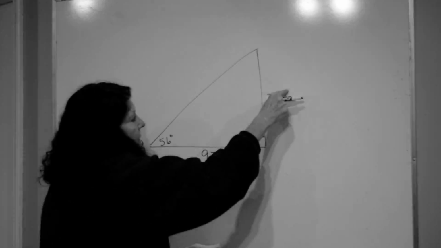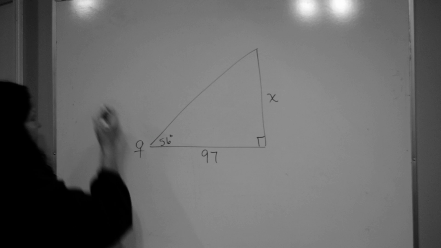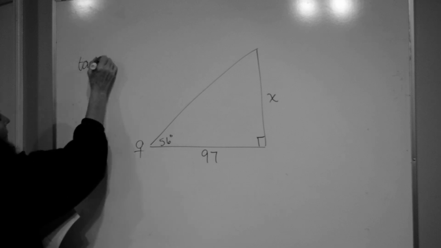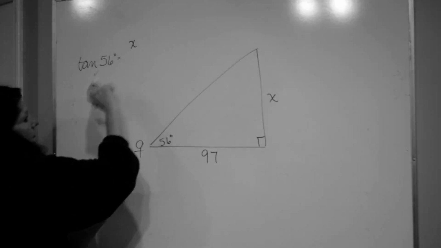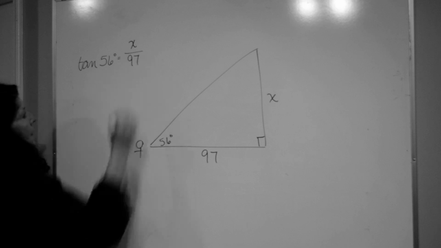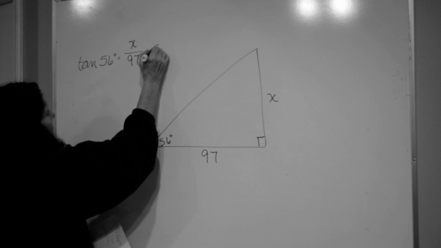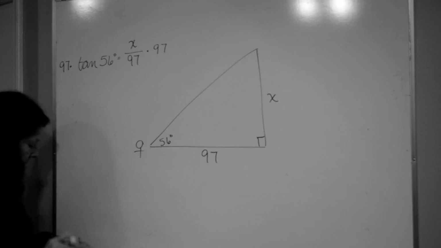I want to know opposite, and I have adjacent. So what compares opposite and adjacent? Oh, that's tangent. So I go, the tangent of 56 degrees is equal to opposite x over adjacent, which is 97. Now I'm just going to use algebra to solve this. I'm going to multiply both sides by 97.